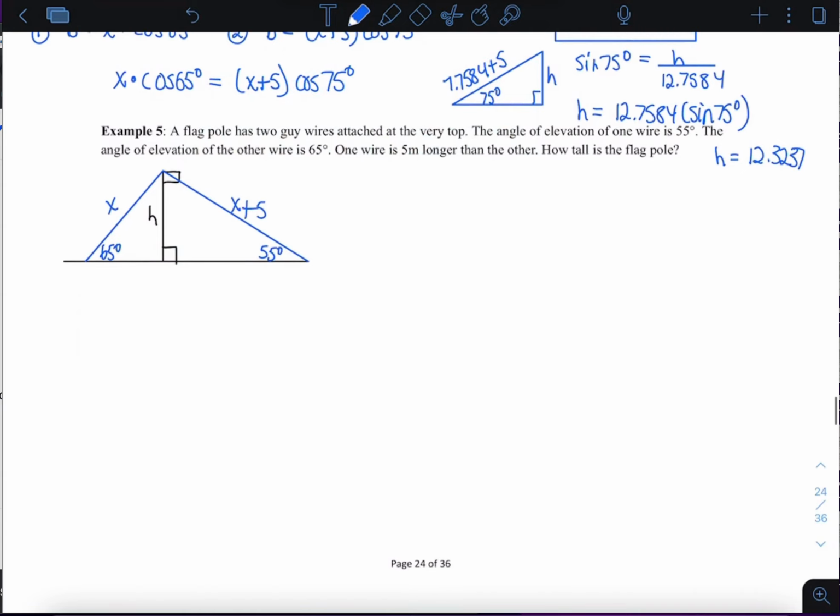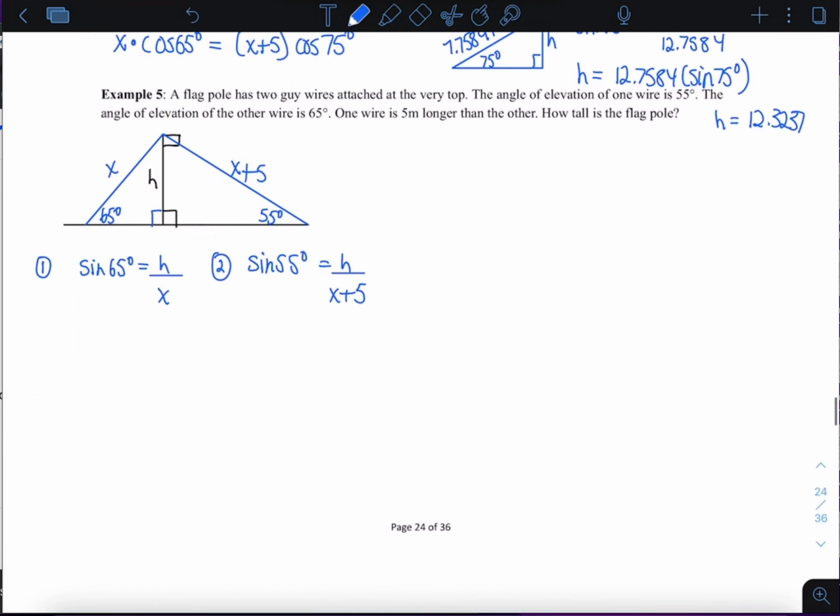So again, we're going to need two equations and two unknowns. So the first one is going to be sine 65 degrees equals opposite over hypotenuse, and that's this triangle here. The second one is sine 55 degrees is opposite over this hypotenuse.